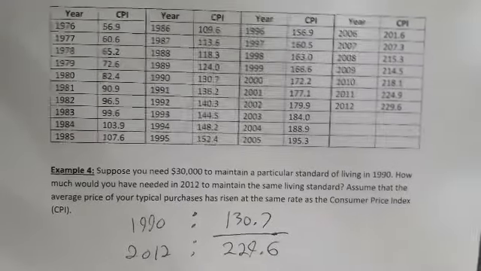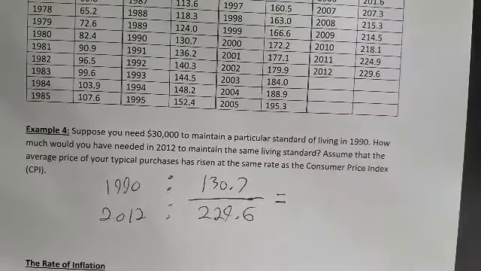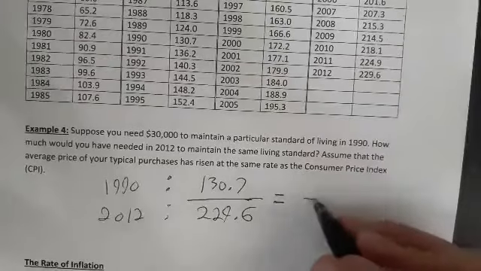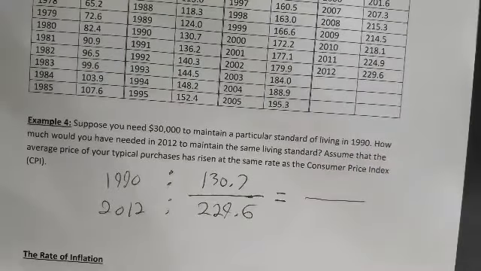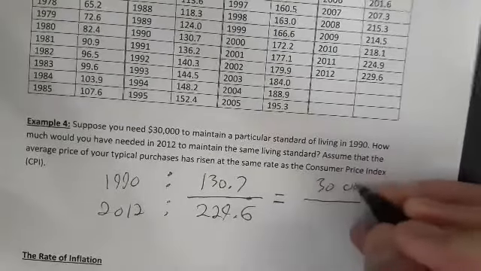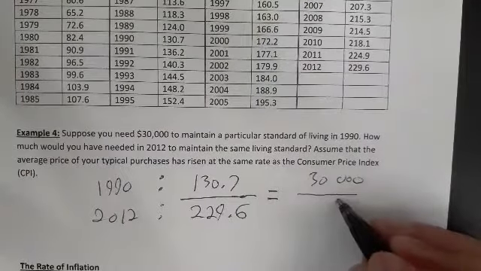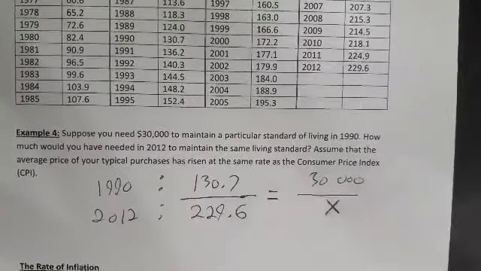This is the rate that it should inflate. Now we want to figure out, if it was 30,000 in 1990, how much is that going to be in 2012? The 30,000 is a 1990 price. The 2012 amount is the thing we don't know.